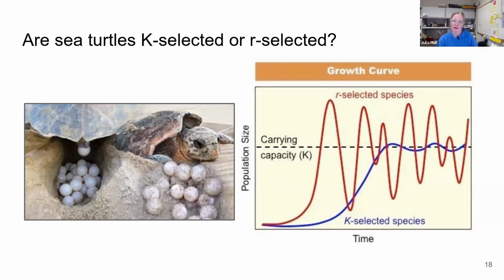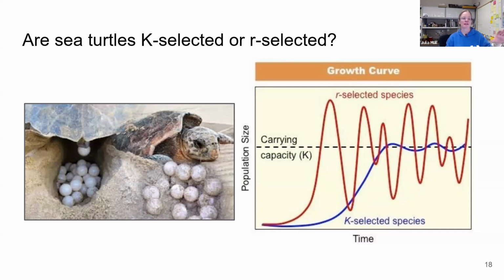But the number one rule in biology is that there's always an exception to the rule. So sometimes organisms have characteristics that are K-selected and some characteristics that are similar to what we see in our r-selected species, and they kind of fit somewhere in between. An example is the sea turtle: they have a large body size, they have long generation times, some species live a couple hundred years, and they produce a lot of offspring at once.